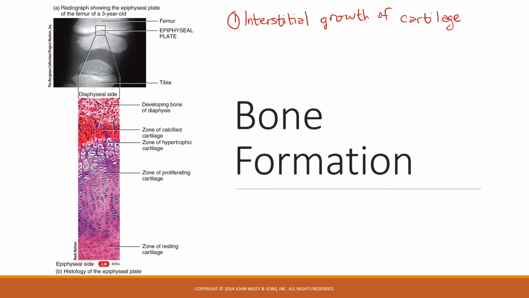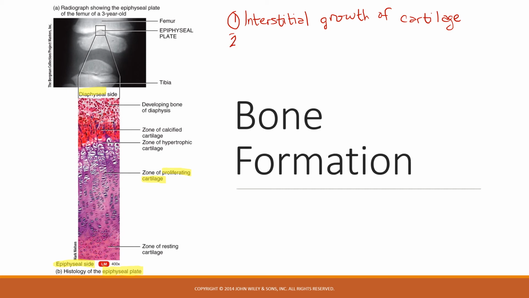So here on the bottom of this diagram is where we're going to have the epiphyseal side of the epiphyseal plate. This is histology of the epiphyseal plate. On the bottom is the epiphyseal side, and on the top is the diaphyseal side. So we're going to have growth here on the epiphyseal side of that growth plate. So that's going to be the first way that we're going to have growth, interstitial growth there.